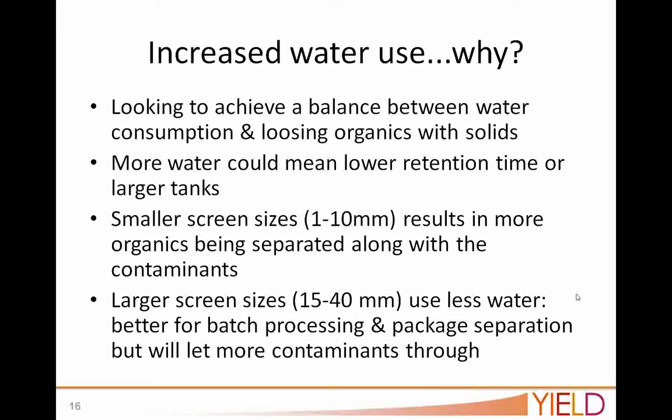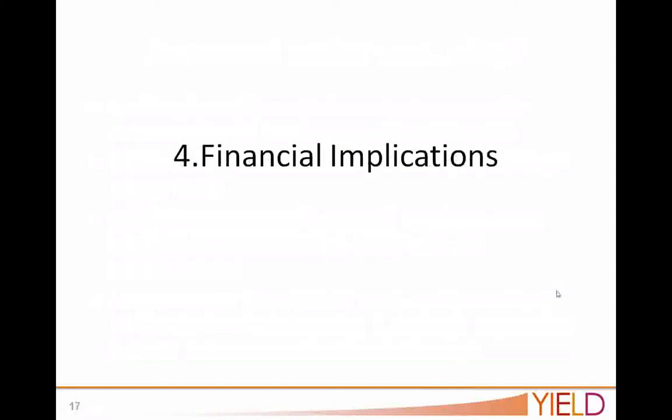Larger screen sizes use less water, though, so it's better for batch processing and package separation, but it will also let more contaminants through. So here's the fine line, the balance in getting the right system in place to produce clean digestate and eliminate mechanical problems.